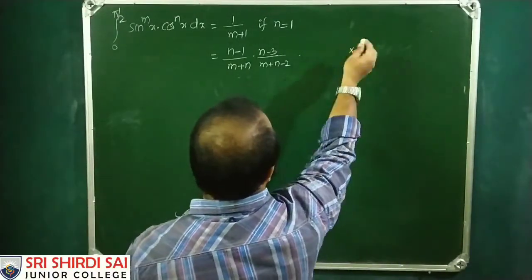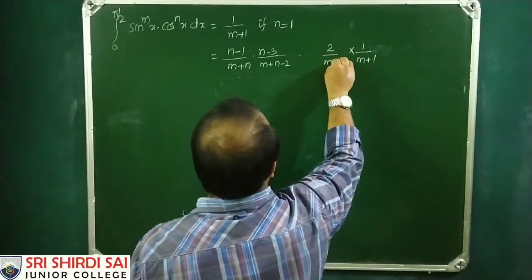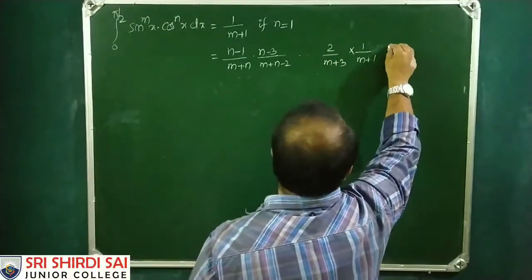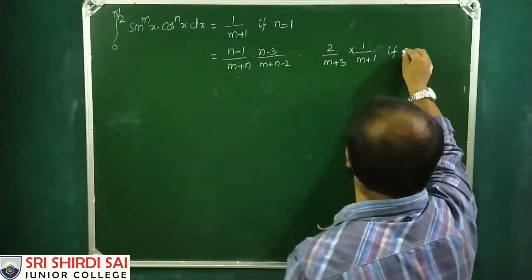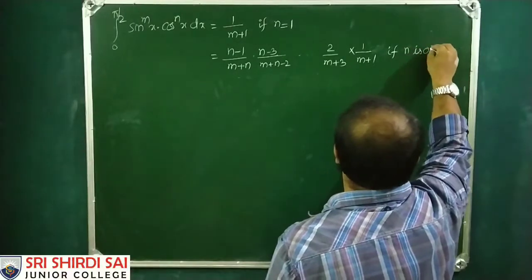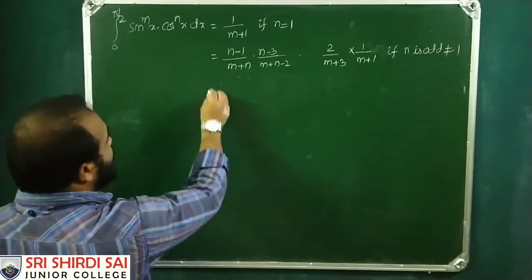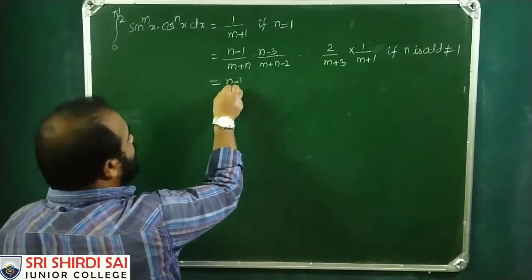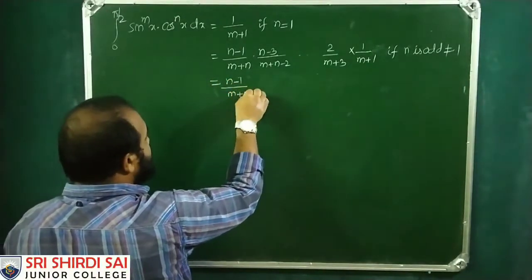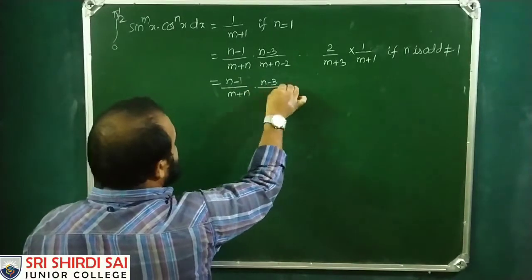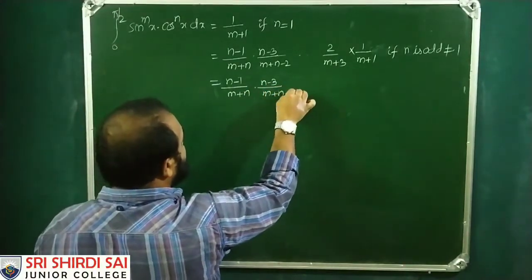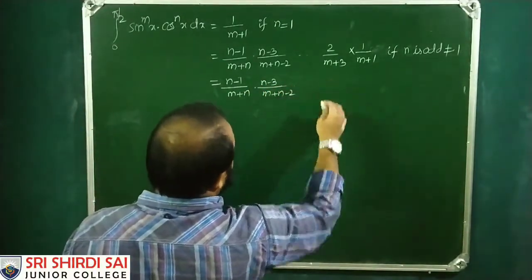The previous term, if you want, is 2 by (m plus 3), if n is odd, not equal to 1.